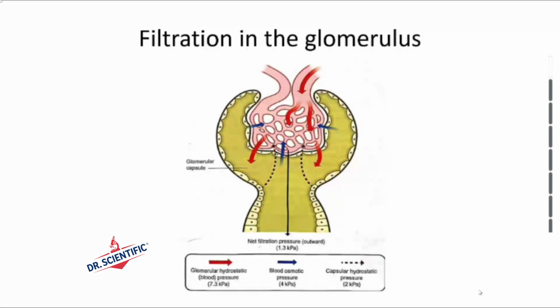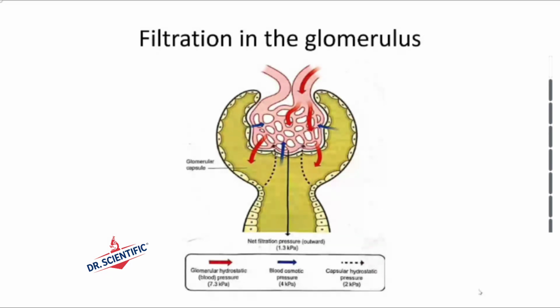So if you add 7.3 plus 4, that is like 11, then you subtract, and you finally get around 1.3. That is the pressure that will be forcing things to come out of the blood into the glomerular space and into the proximal convoluted tubule.